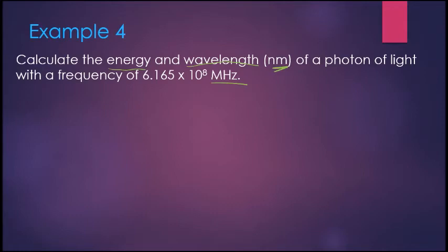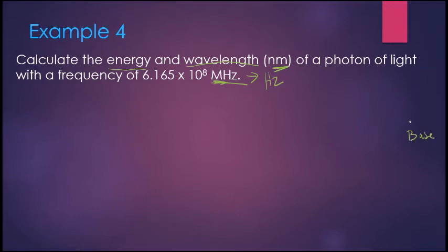It's in mega. We need the frequency to be in what? We can't put it in our equation if it's in megahertz. We need it to be in just hertz. Hertz would be the base unit. So you need to change the mega over to hertz here. Does everybody remember the mega? Here's your base unit.